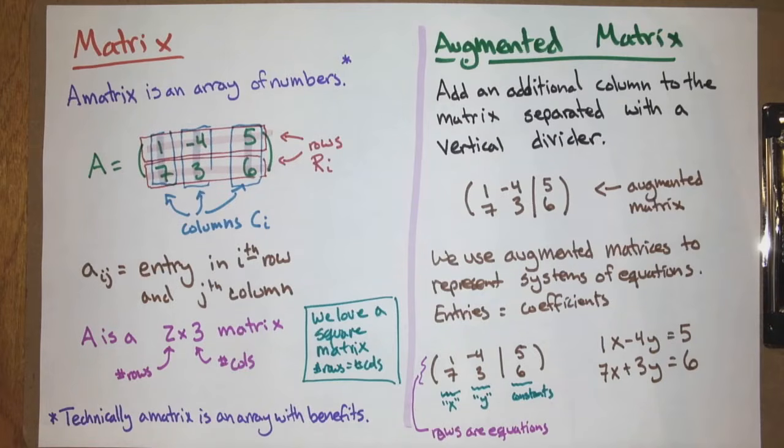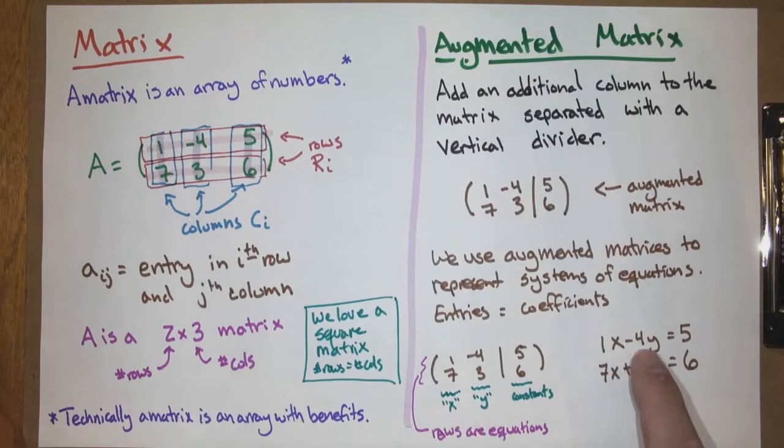So if I have two equations, let's say, we'll go with our example here, 1 times x minus 4y equals 5, and 7 times x plus 3y equals 6. We say, well, what really matters? It's the coefficients. So we're storing the numbers.